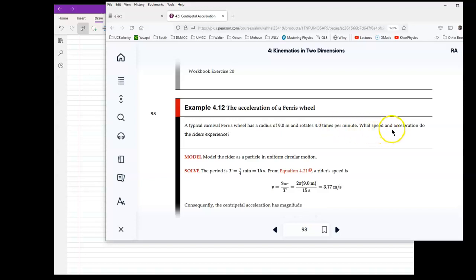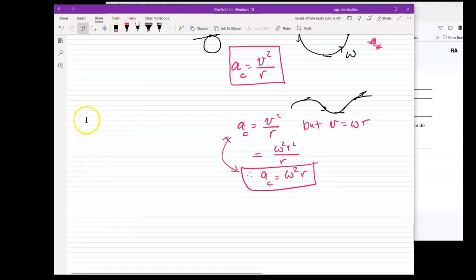What speed and acceleration do the riders experience? What he means is the centripetal acceleration a, not angular acceleration, and the velocity given this information. All right, let's see what we can do.